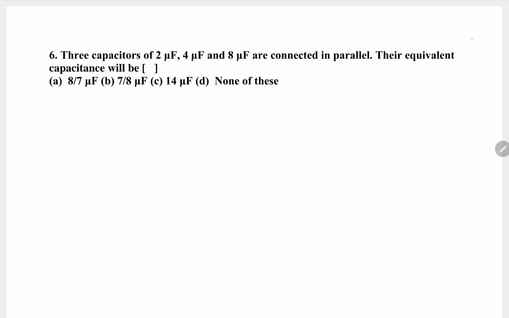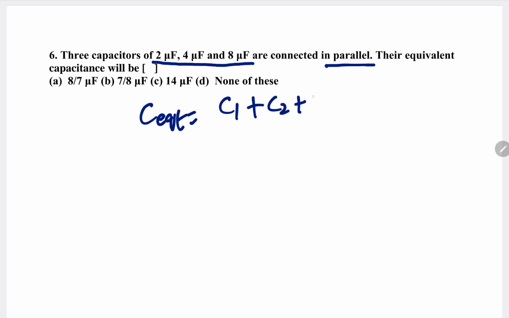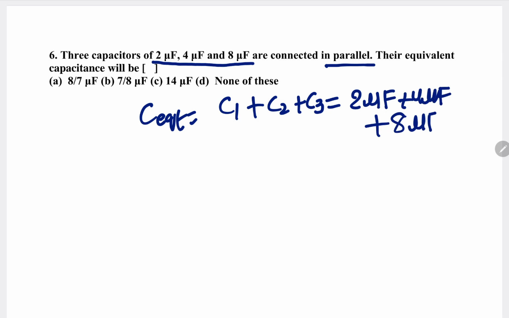Next, sixth question. Three capacitors of 2 microfarad, 4 microfarad and 8 microfarad are connected in parallel. Their equivalent capacitance? When capacitors are connected in parallel, the equivalent capacitance C equivalent is C1 plus C2 plus C3, which is 2 microfarad plus 4 microfarad plus 8 microfarad.